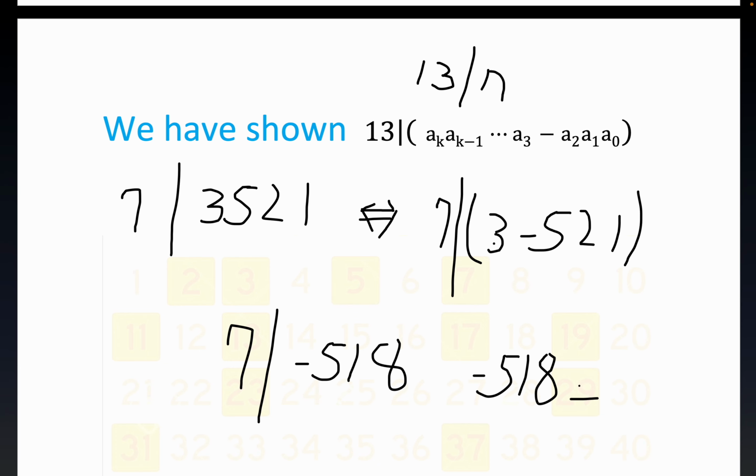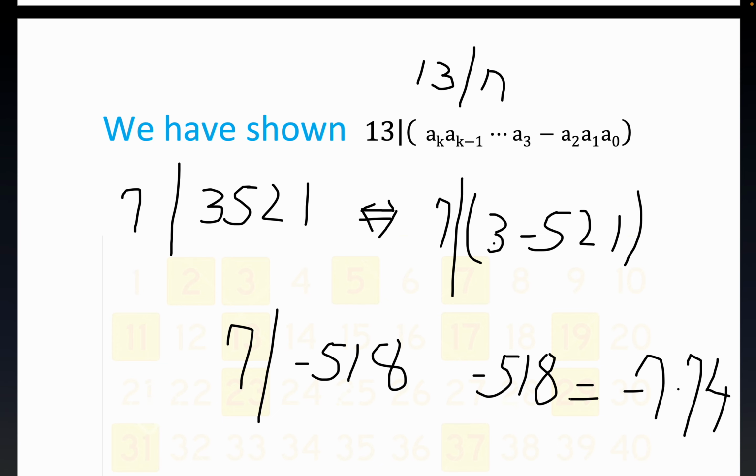That's equal to 7 times 74, isn't it? 7 times 70 is 490 and 28. Yeah. 7 times 74. Okay. So you see, it works for 7, and it also works for 11, as the proof showed.